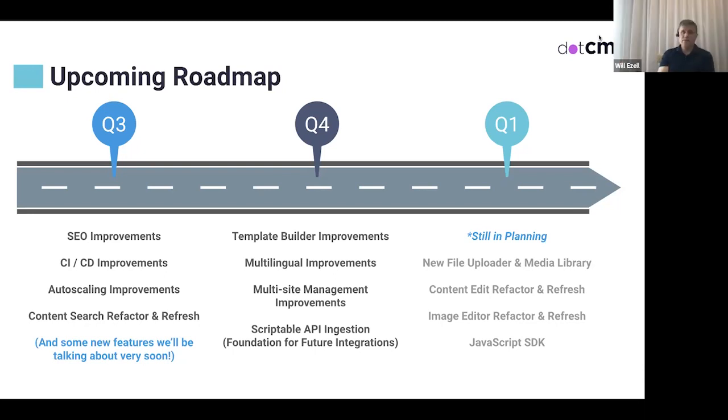Yeah, and we have the idea of the scriptable API, which is super powerful and useful, I think, where you can write custom APIs using VTLs. And we see just about everyone using those in different ways. You can go get JSON and return JSON back in those from other systems, but this is the idea to be able to set up a scheduled job or something that's going to go and pull in that JSON and store it already in dotCMS, so it doesn't have to happen on every request.